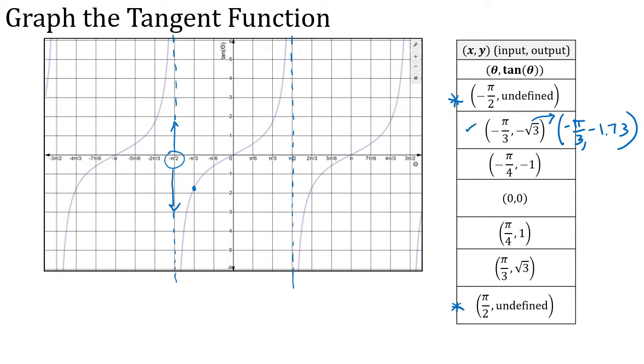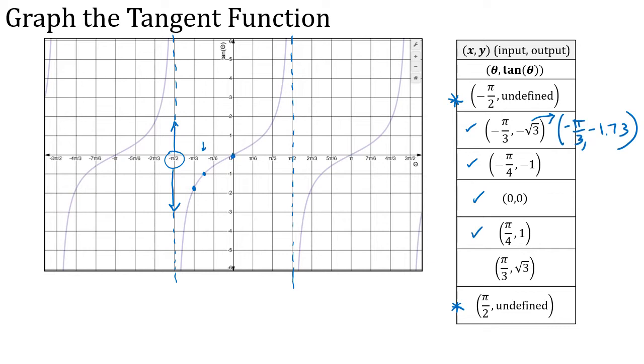The next point is negative pi over 4, comma, negative 1. Now, negative pi over 4 is not listed on my horizontal axis, but what I know is that negative pi over 4 is going to be between negative pi over 3 and negative pi over 6. And so I'm going to go there and then go down to negative 1. 0, 0, of course, is the origin.